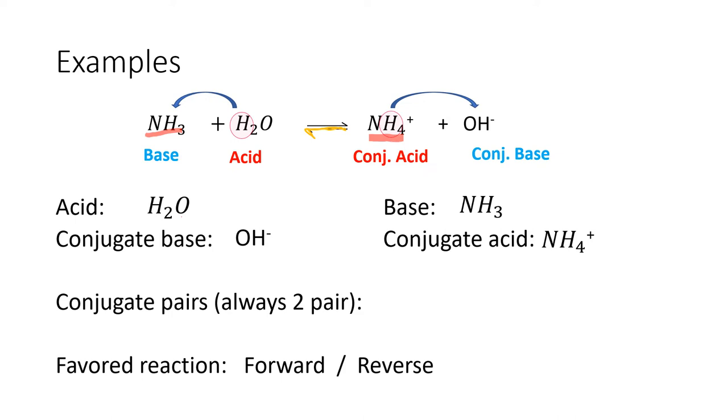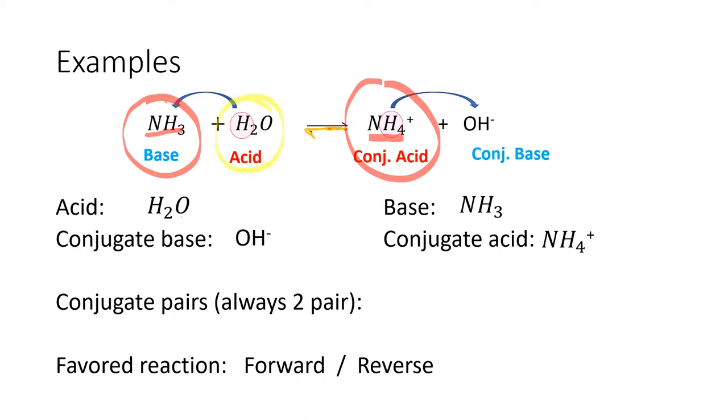Remember, a conjugate pair are two species where the only difference between them is a proton. So if you look, again, let me highlight here. This right here compares to this by the addition of a proton. That makes a conjugate pair.